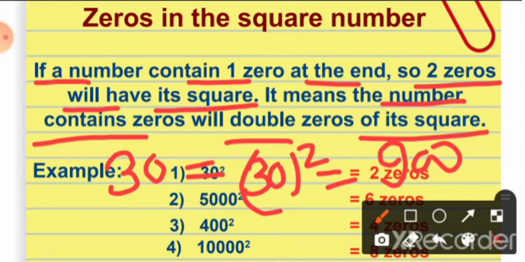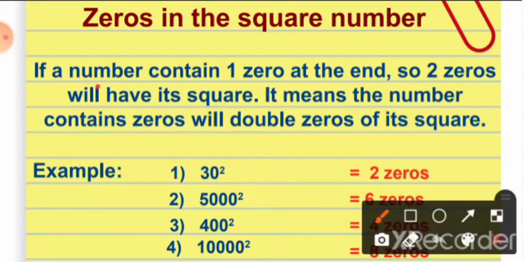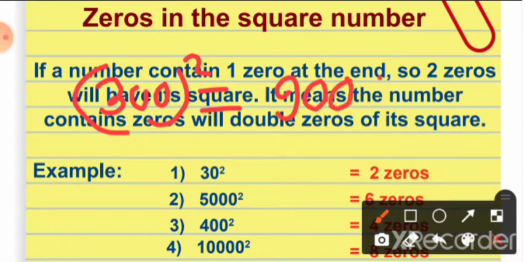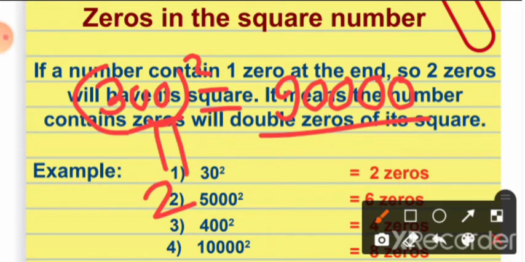If you take another number with 2 zeros, the number of zeros in its square will be double of the given number's zeros, so 4 zeros.